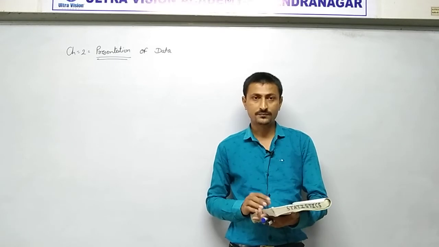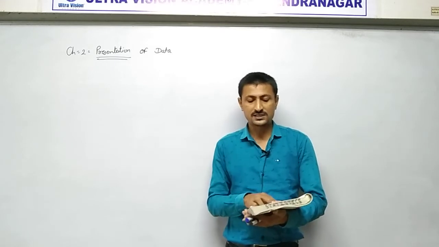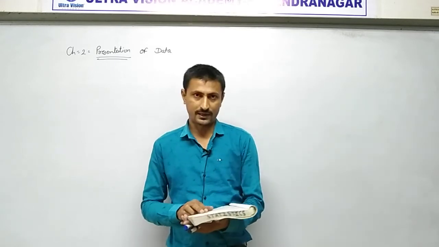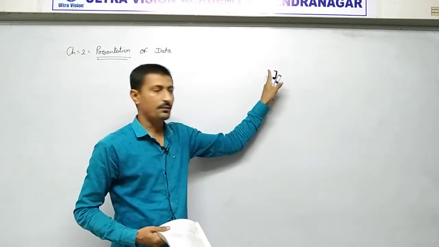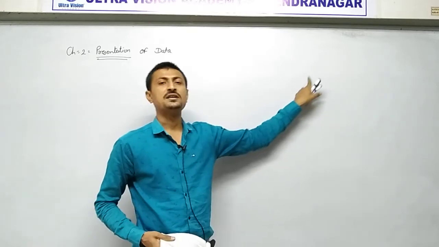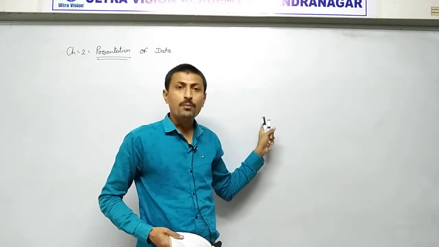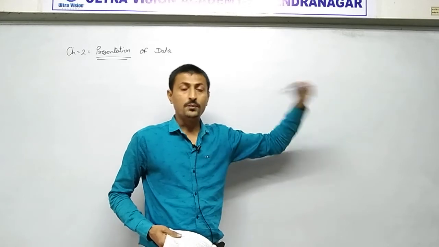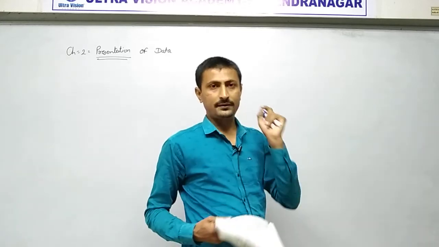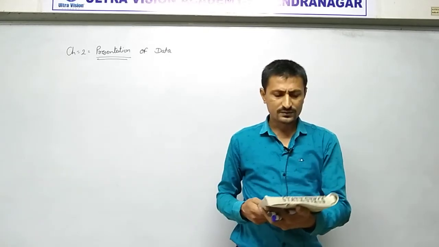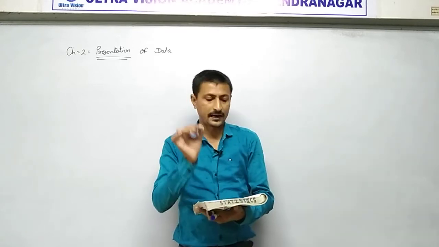Write down: number of children 0, 1, 2, 3, number of families, both are countable and definite values.